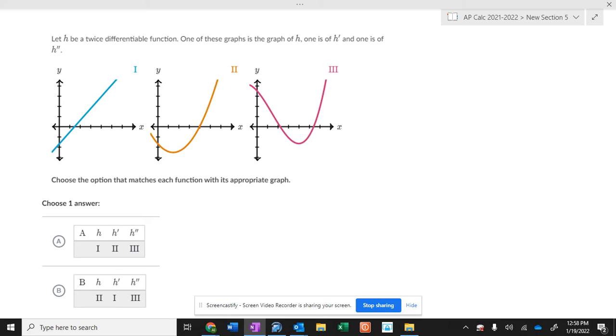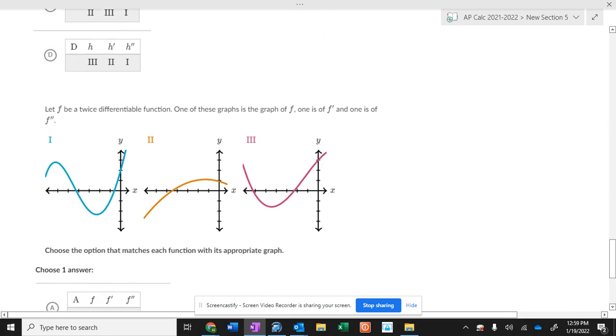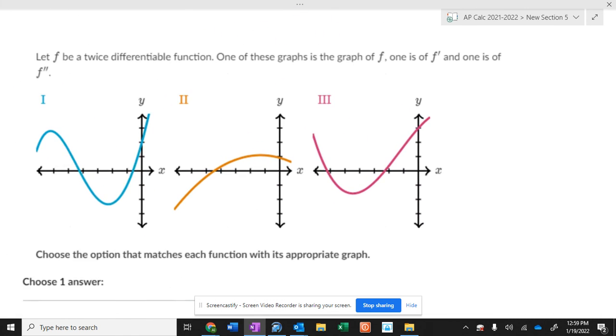So this cannot lead to this because this has a positive slope the whole time. If this was a derivative of this, it would have to be positive the whole time, and neither one of these is positive the whole time. So this has to be a derivative of one or the other, so it goes 3, 2, 1. Okay? So don't jump off a building when you see these.